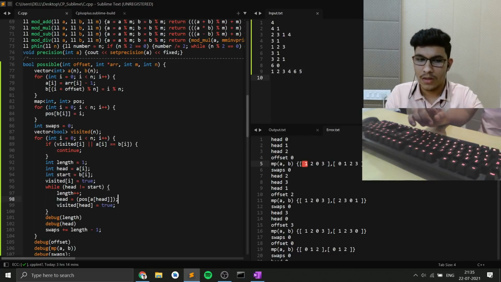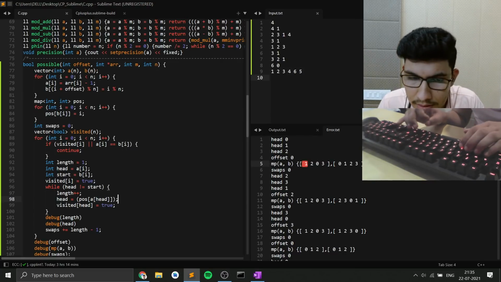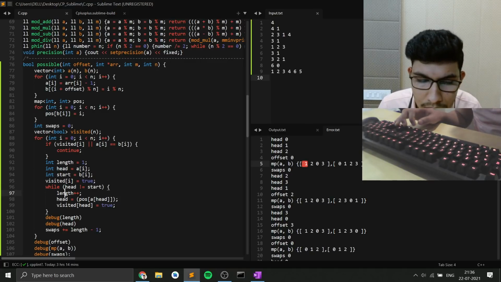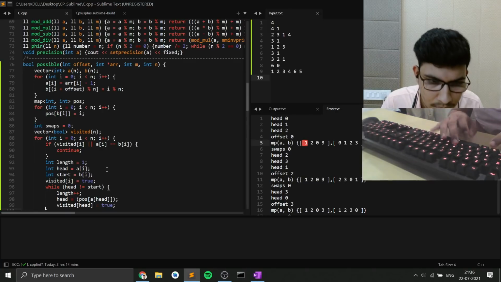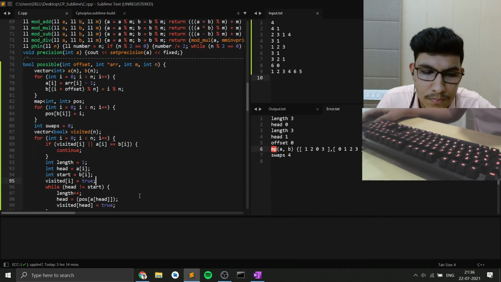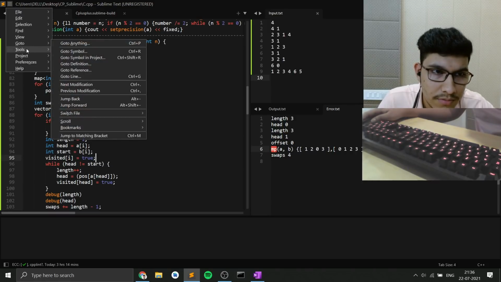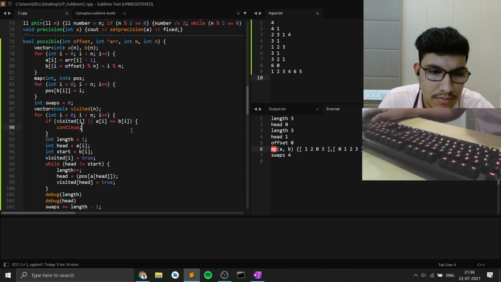Right. So I go here and I mark it visited. Okay, this is all running into an infinite loop because of a lot of confusion that I'm having.